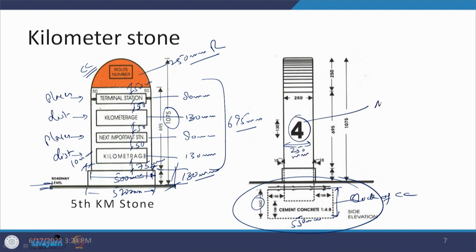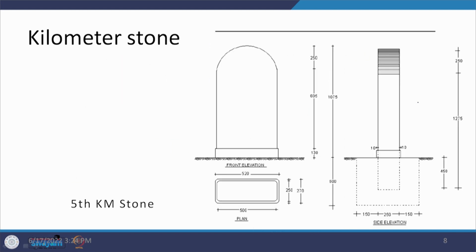This is the number of that stone. So, it is a 4th stone being placed. So, likewise all stones are going to be numbered similarly. So, here also the further details are being given. What you can see is that this is 520, this is 500 internally, and because the width is 250 and 10 mm is the offset, it comes out to be 270, and the depth is being defined here.